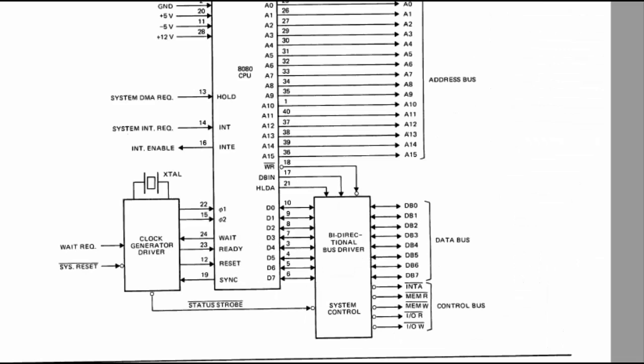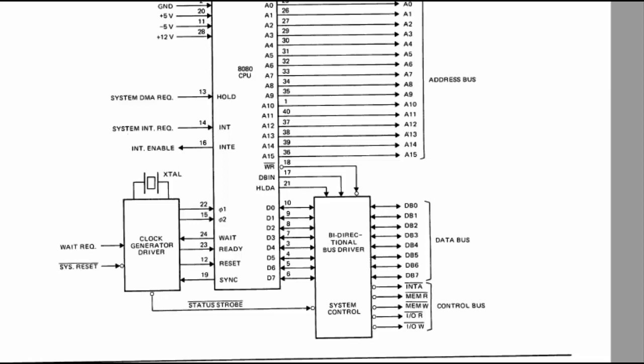So let's look at the pinout of the 8080. Something is really interesting here when we look at pin 16. The 8008 had an interrupt. The 8080 also had an interrupt, but now they added the enable interrupt and disable interrupt instructions, so the 8080 could turn that interrupt off and on.